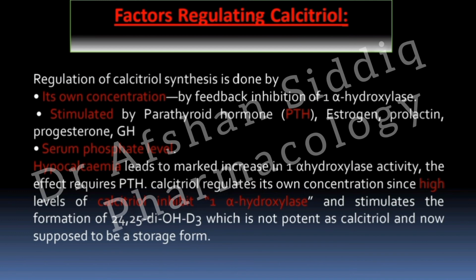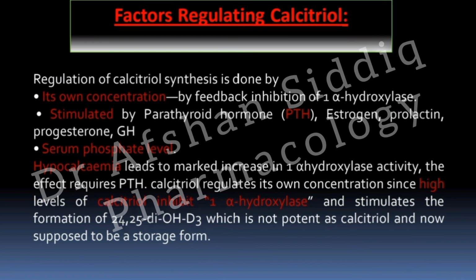Hypocalcemia produces a direct effect on the synthesis of calcitriol, and another, indirect effect by increasing parathyroid hormone. The direct effect of hypocalcemia is to increase the 1-alpha hydroxylase activity and synthesis.